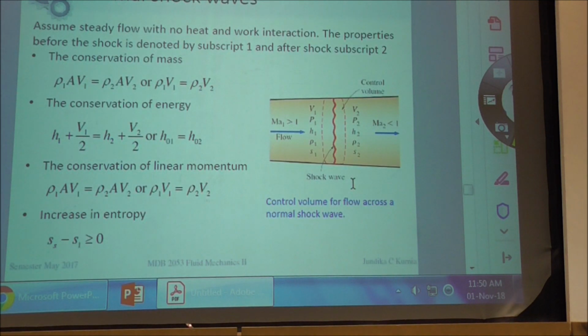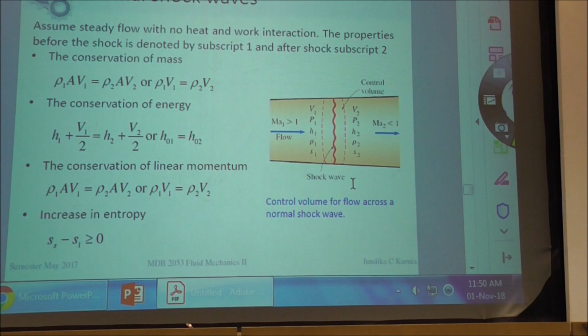Okay, the consequence of the shock wave is that your flow is no more isentropic, which means P naught is not constant anymore. Your rho naught is not constant anymore. The only thing that remains is T naught. Why is T naught constant? Because it comes from the conservation of energy.